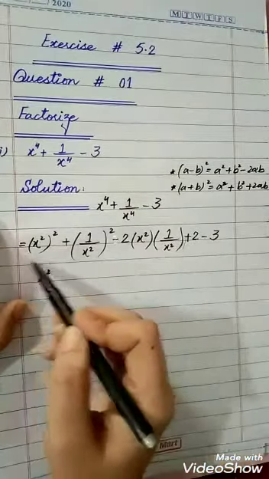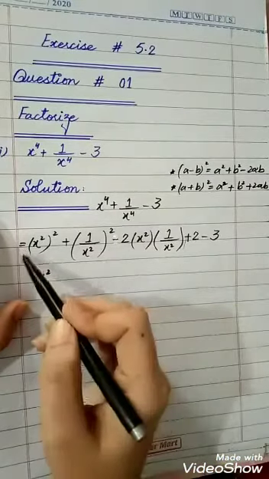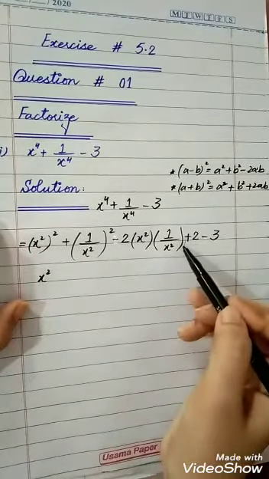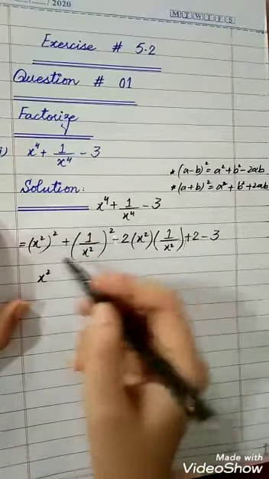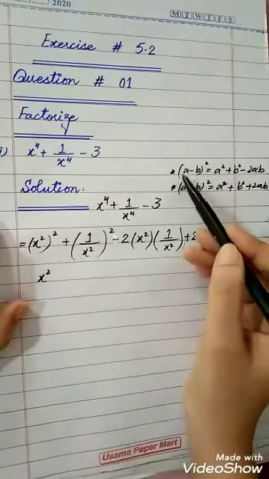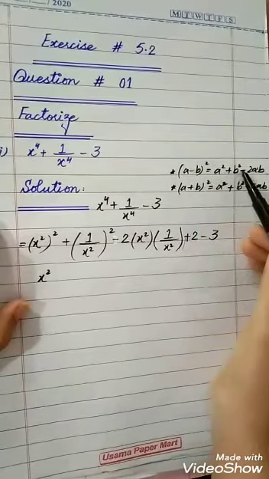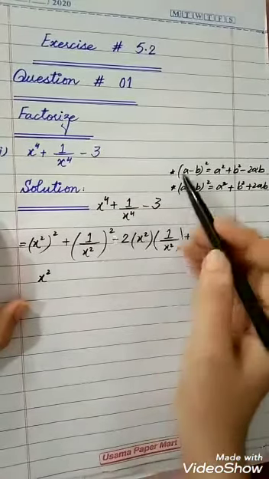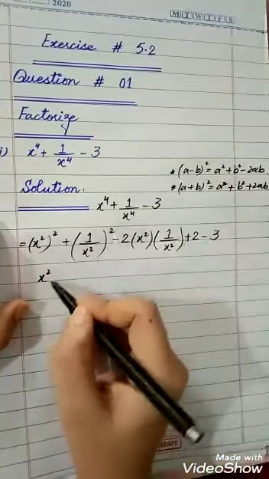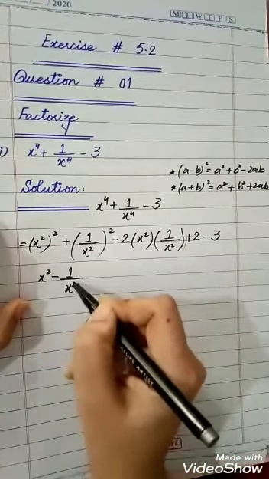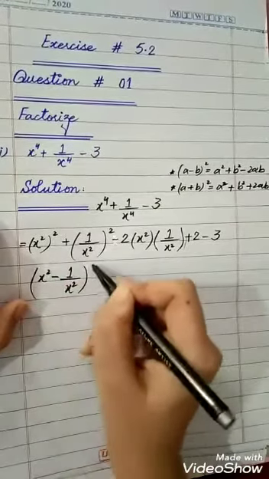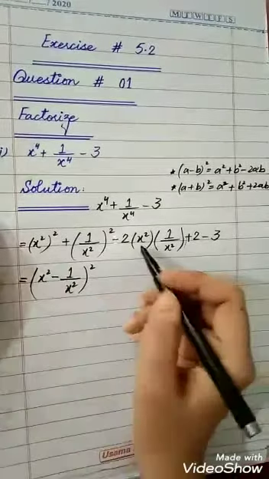We have to apply the formula on this term till here, that is the open form of this formula. Negative sign is here, negative sign is here, so we will apply this formula: a minus b means x minus 1 by x whole square.